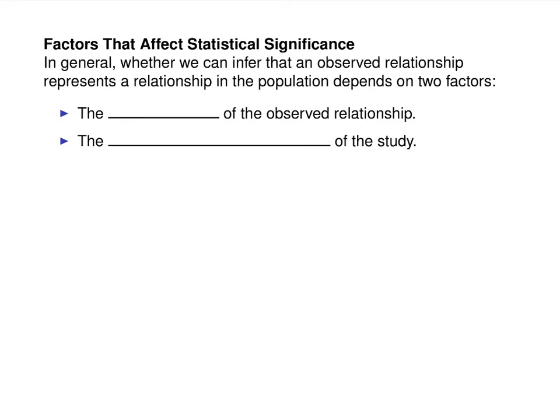So here are some factors that affect whether or not you get something that is statistically significant in the end. The first thing is the strength of the observed relationship, as in how different are those percentages.